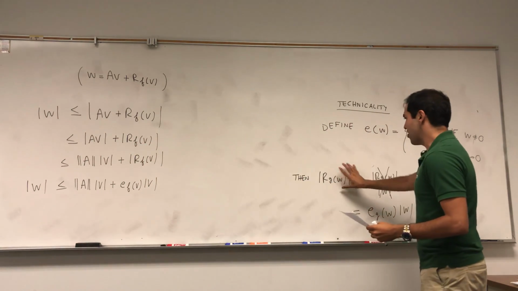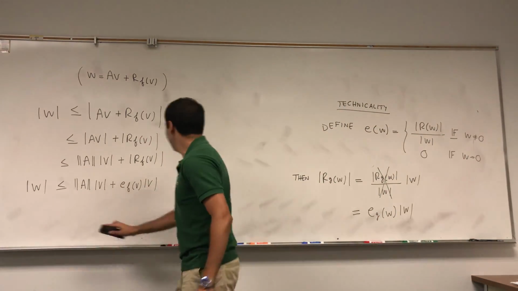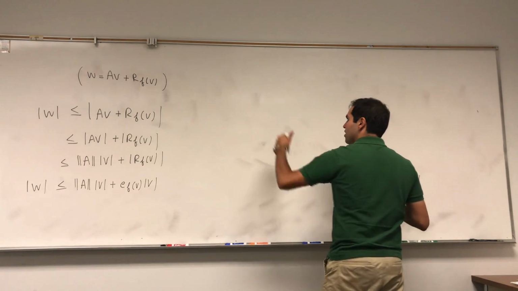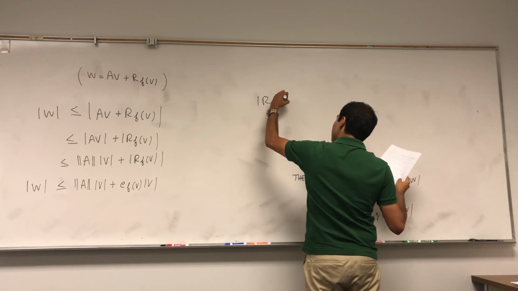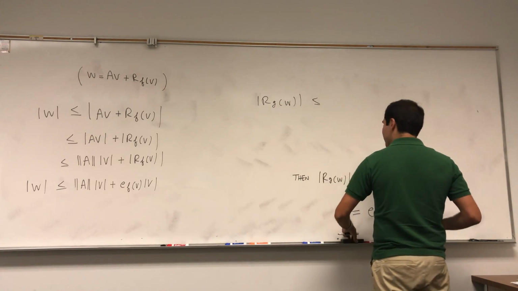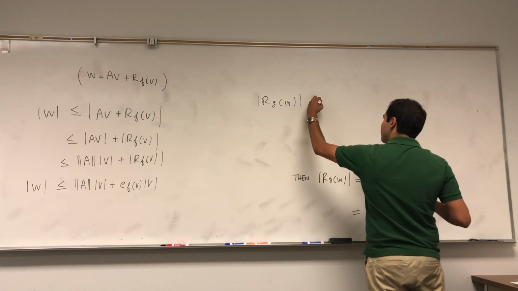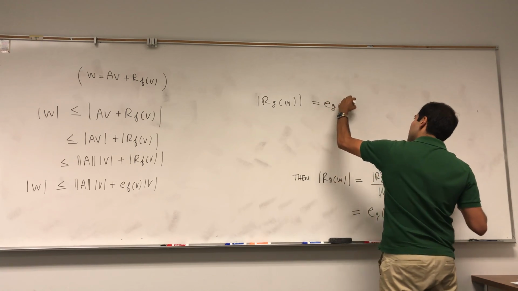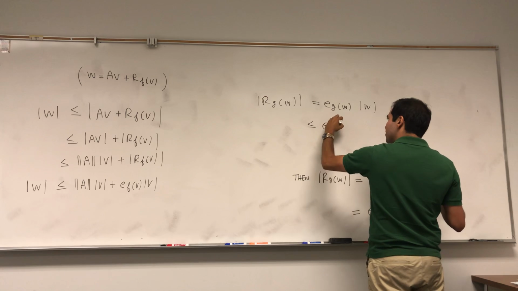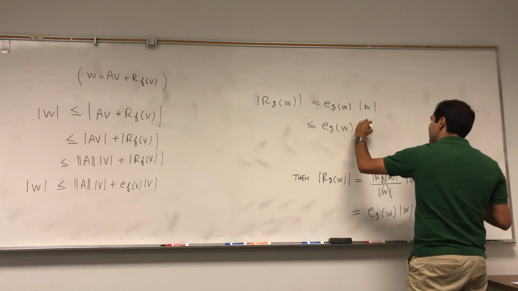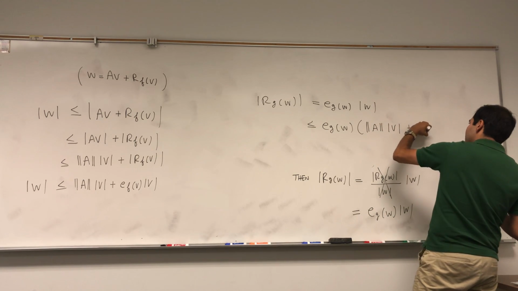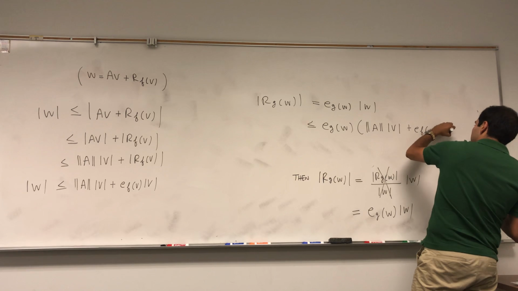And we'll come back to that. Now let's go back to our Rg of w, and keep that in mind. We'll actually use it right now. So Rg of w, again, we want to show it's small if v is small, but this equals Eg of w times the length of w, which is less than or equal to Eg of w times, by this identity, the length of A v plus Ef of v times the length of v.